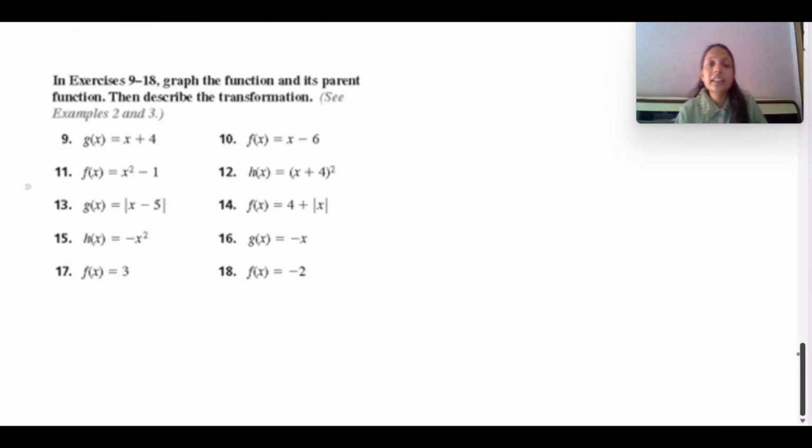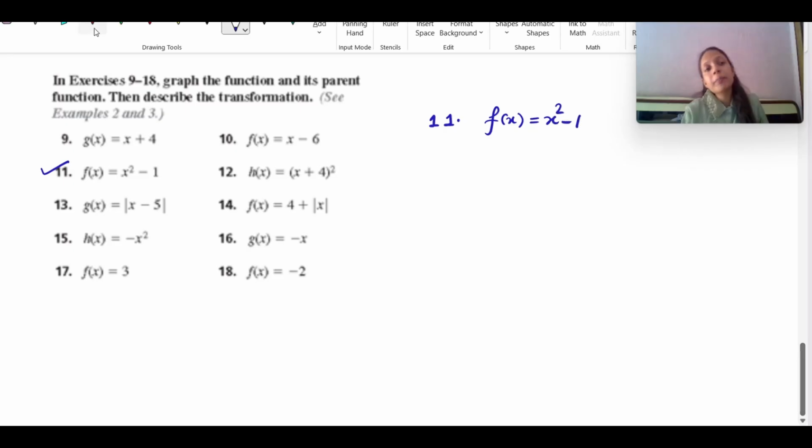Next, in this exercise question, they are saying write the parent function, then tell us the transformation. What is the transformation applied to the original function to form this function? I will try question number 11. In question number 11, we are given that the function f(x) equals x squared minus 1. What is the basic function? Here, the basic parent function is x squared.